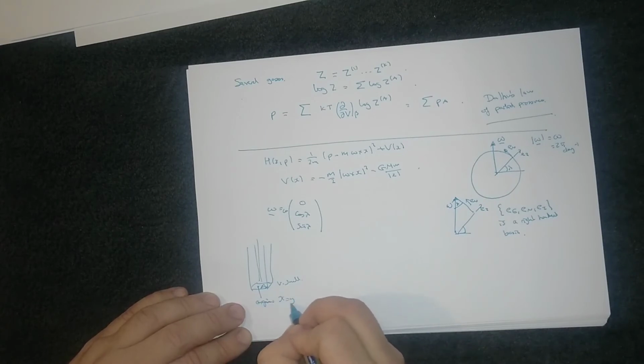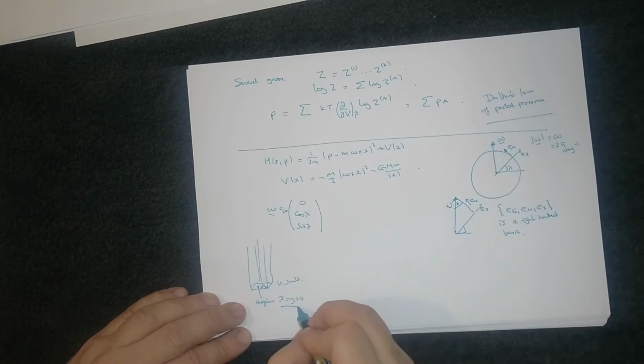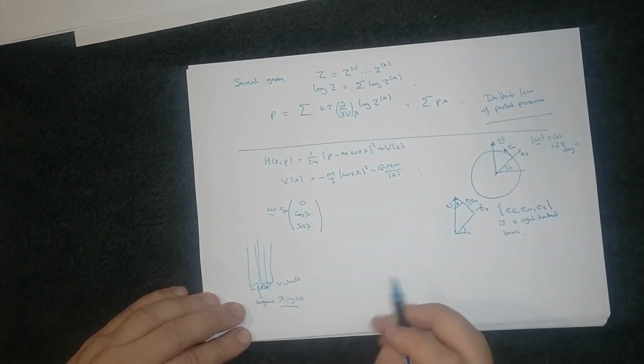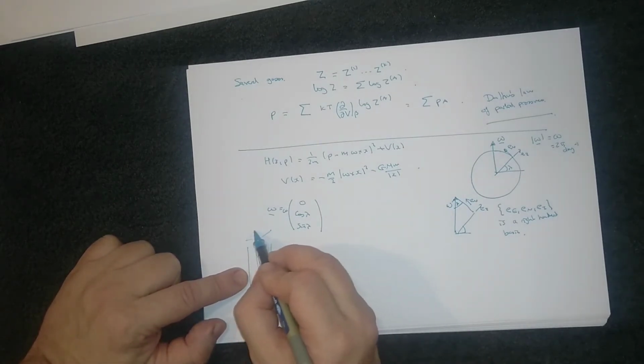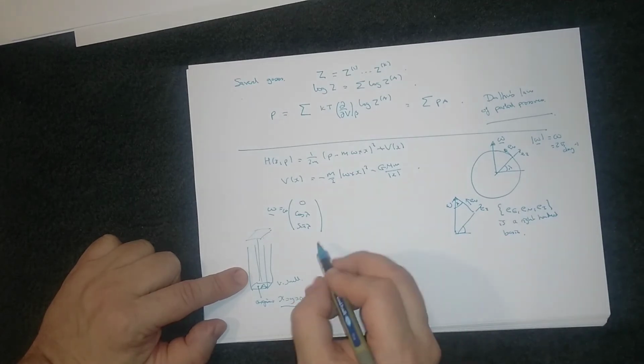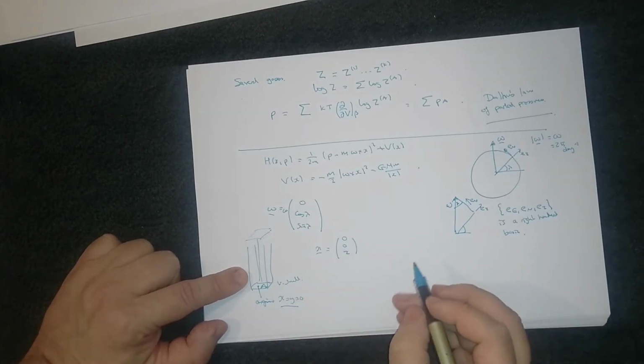Let's just say x equals y equals 0. So we know that we can make this approximation throughout all points in the column. So essentially x here is just 0, 0, z.